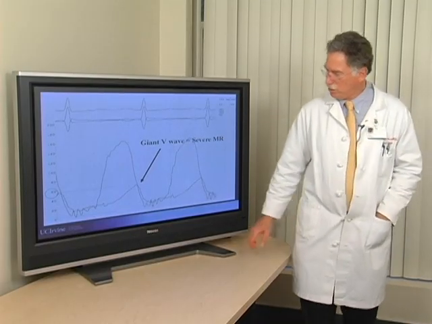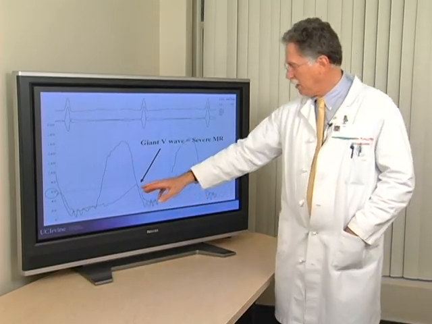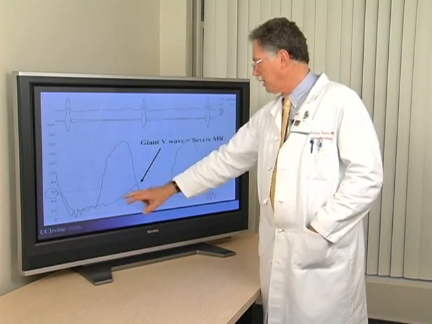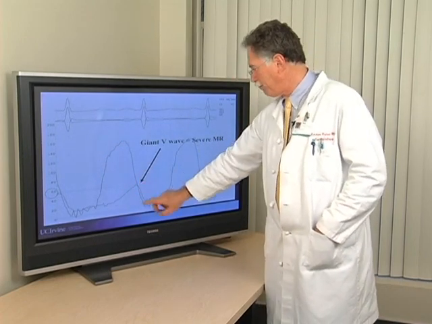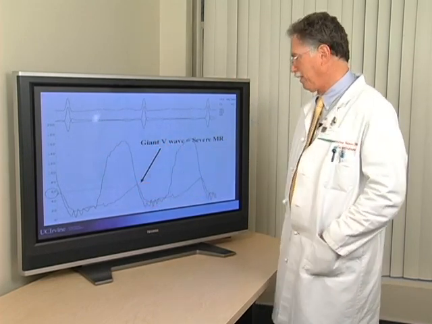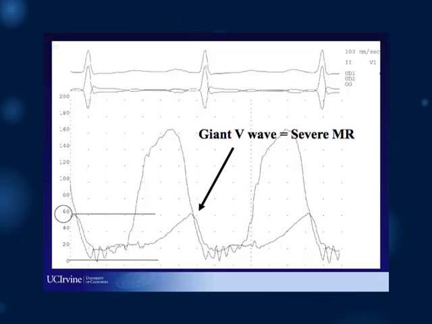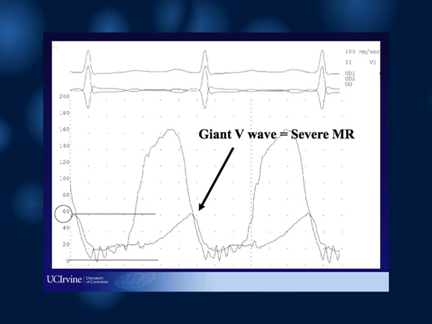Now, we'll conclude here with this tracing: left ventricular pressure, left atrial pressure, and a big V wave, a giant V wave. And these giant V waves, in this case to 60 millimeters of mercury, indicate usually severe mitral regurgitation, but can also be present with ventricular septal defects or high noncompliance.